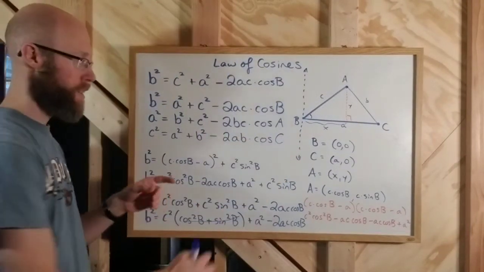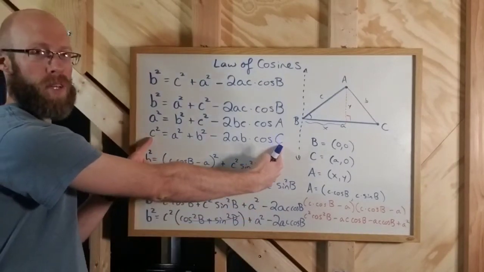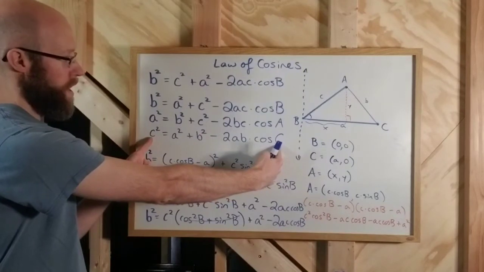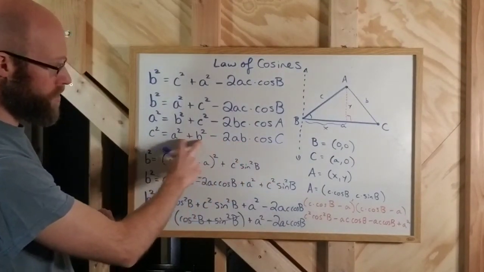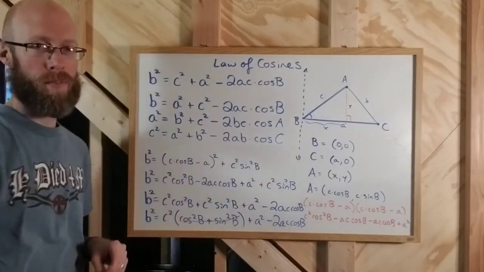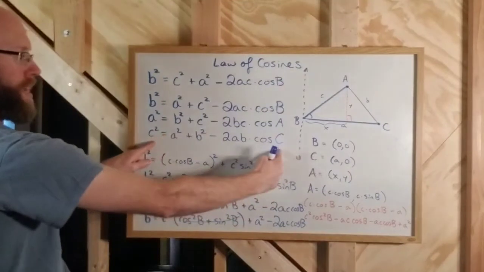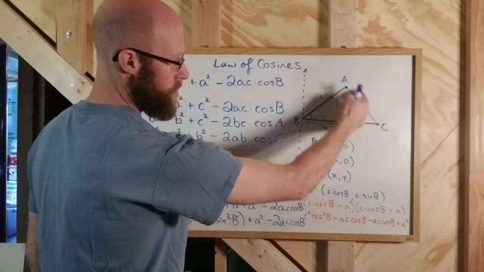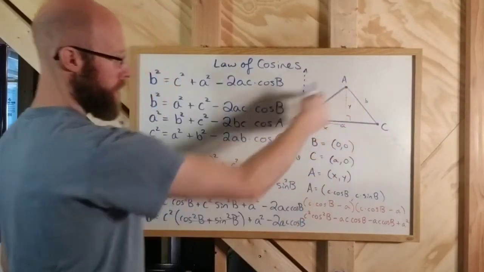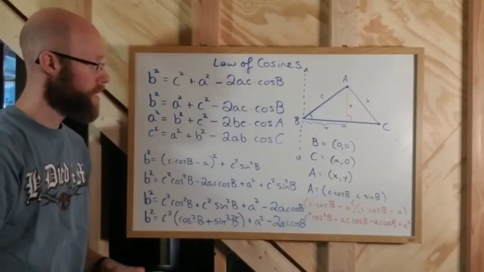So again, you've got a side and its opposite angle on either side of the equation, and then in the middle here you have the adjacent sides to that angle, A and B. So you've got little c, big C on opposite sides of the equation, and then the adjacent sides to C, which are A and B, are going to be the two sides in the middle.